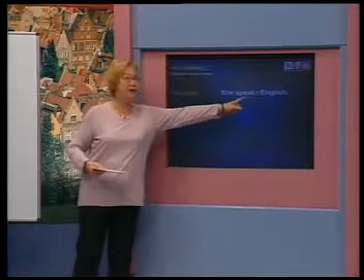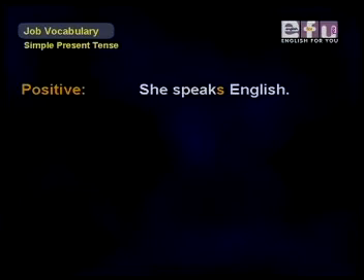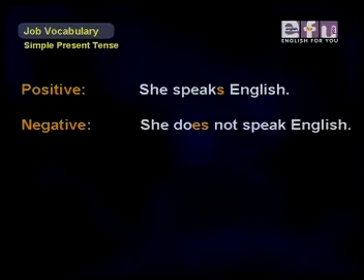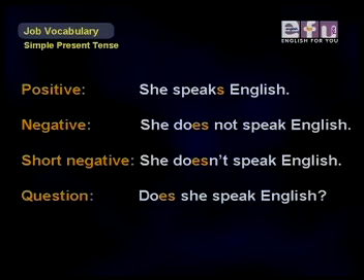Now for she. And remember the S for he, she, it. She speaks English. She does not speak English. She doesn't speak English. Does she speak English? Now for it.